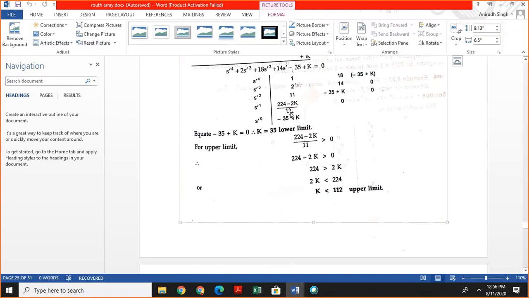For the upper limit, this should be greater than 0, and you calculate the value of K is less than 112. So when K is less than 112 the system is stable, and the lower limit is K equal to 35. This is the limit in which the system is stable.